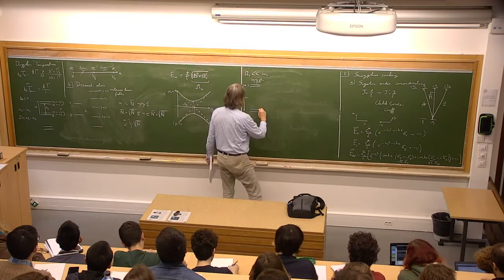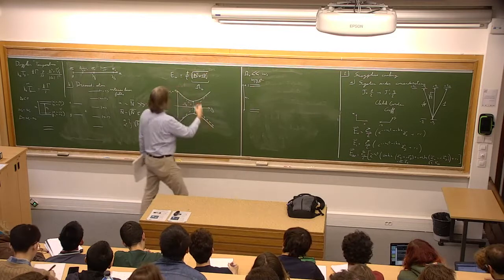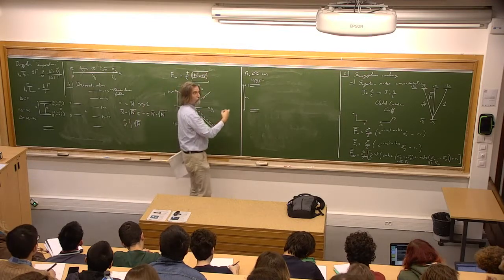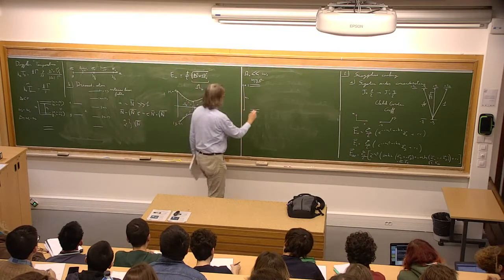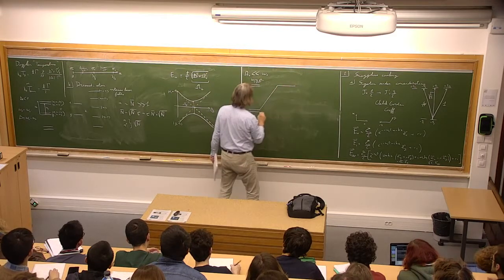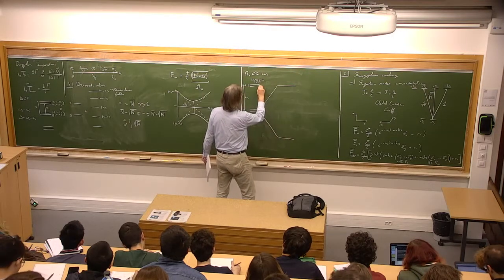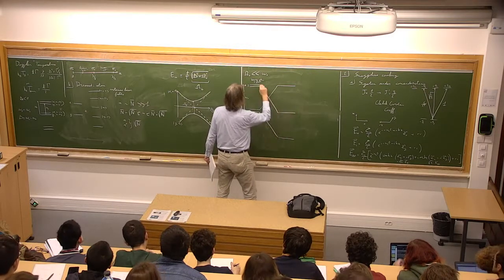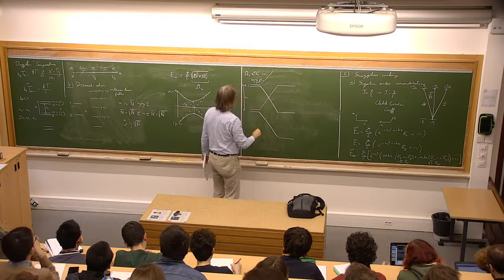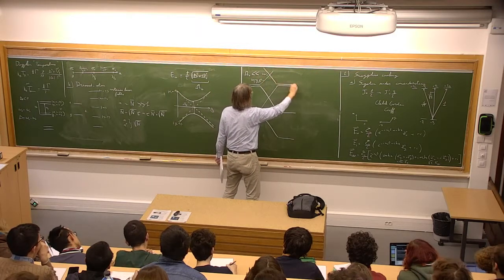If now you consider a splitting with a Rabi frequency which is on the order of omega 0, it means that this level jumps here, this level jumps there, this one jumps up there, and one from there goes down here.